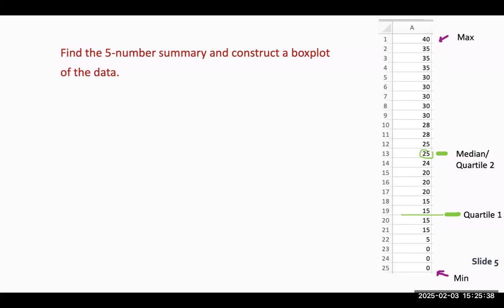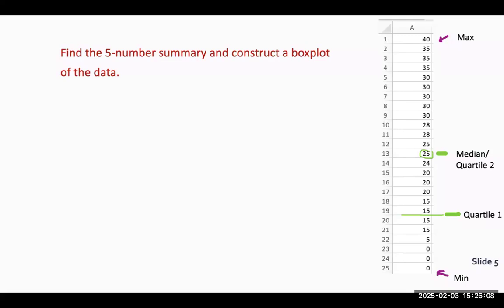Because this is an even amount of data, the median is going to be halfway between 19 and 20. And you can just count underneath, so where that line is, I have 1, 2, 3, 4, 5, 6 pieces of data. And above that line, I have 1, 2, 3, 4, 5, 6 pieces of data until I reach the median. So it separates everything below the median right in half.